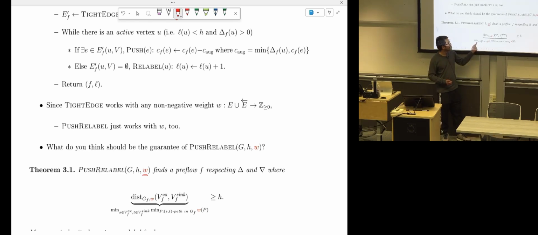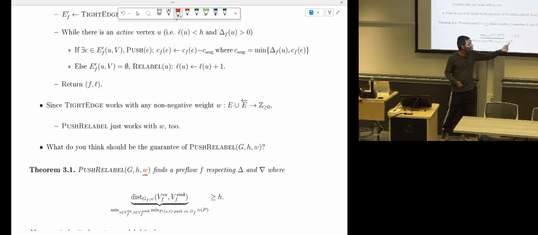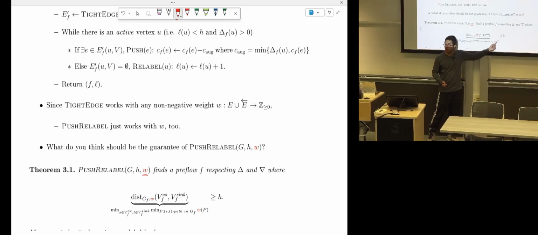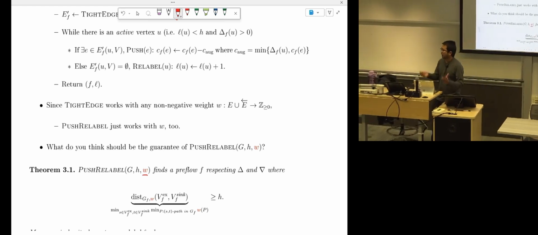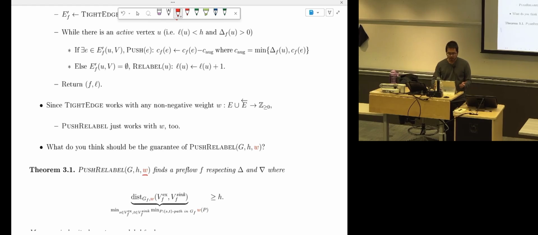So for every path from excess to sink, any path in the residual graph has weight with respect to this w at least h. Okay. And why is that?